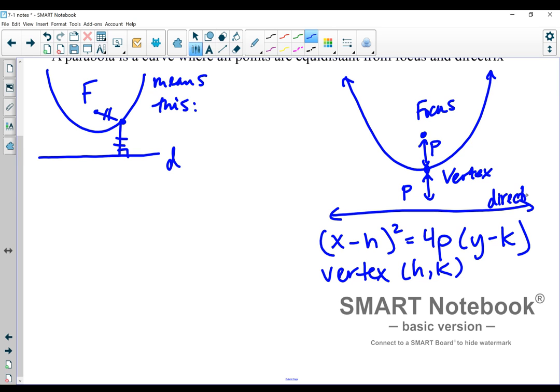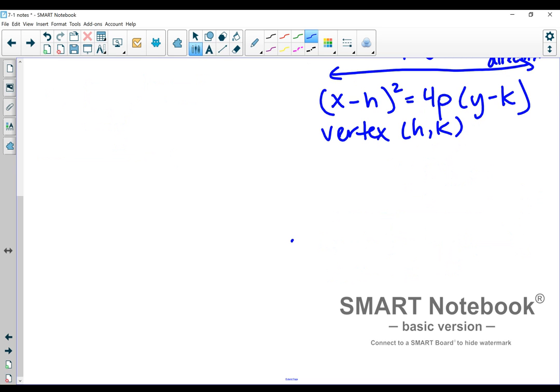Let's write down directrix here. If we were going to list out some of the other characteristics, if I am talking about my focus, I know it's that same x value h, but now it's up p units from my vertex, so I'm going to write down (h, k plus p). My axis of symmetry, we still care about that.